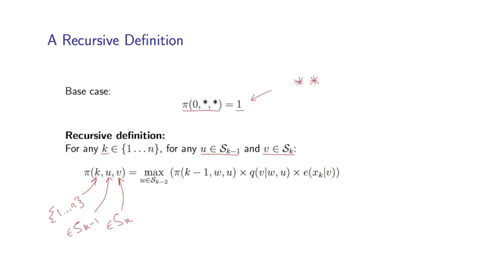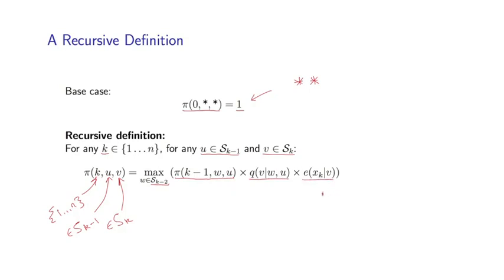And so what do we say? We say that this is equal to the max over all tags w in S k minus 2. So again, this is the set of possible tags at position k minus 2. We take a max over that. We compute pi of k minus 1, w u, and then we have q of v given w u, and then we have e of x k given v.